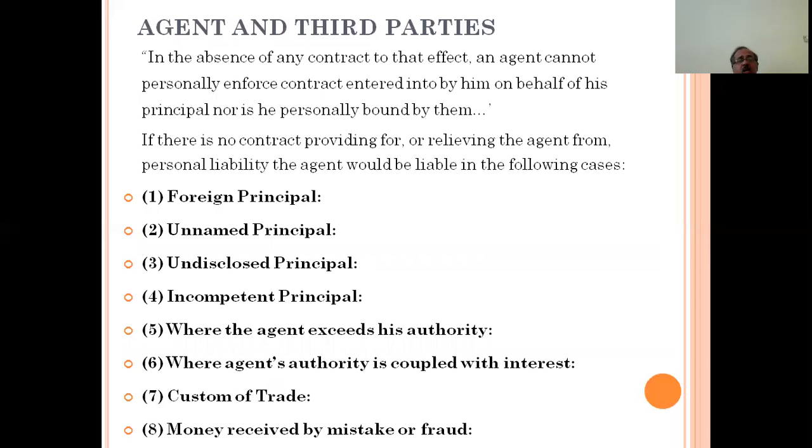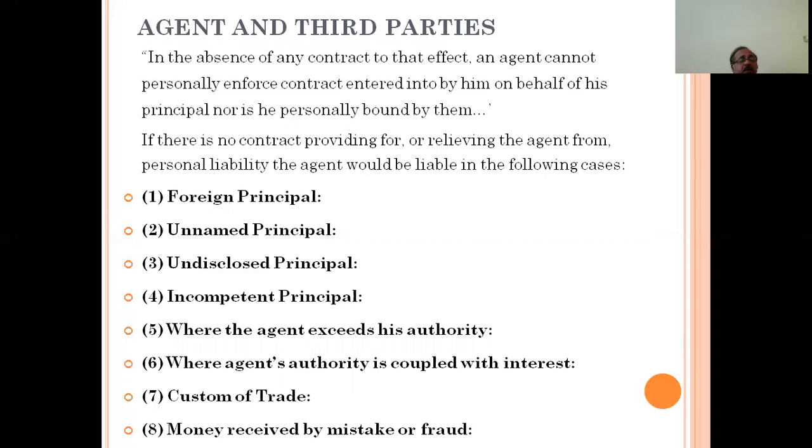So this is the general rule: in the absence of any contract to the contrary, an agent cannot personally enforce a contract entered into by him on behalf of the principal, and he is not personally bound by them. So generally speaking, an agent is not personally responsible for his acts towards the third parties.